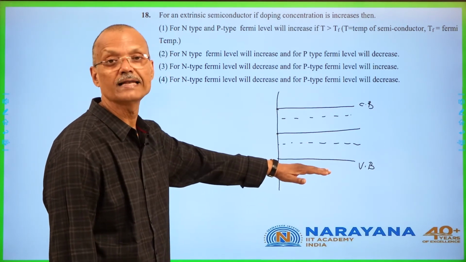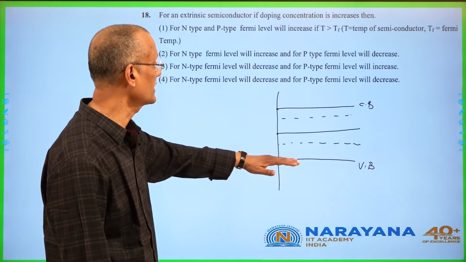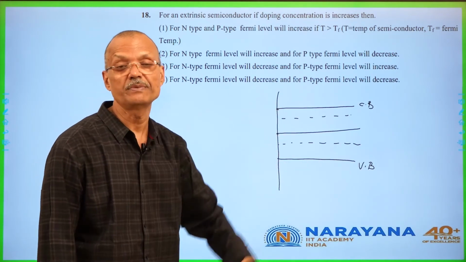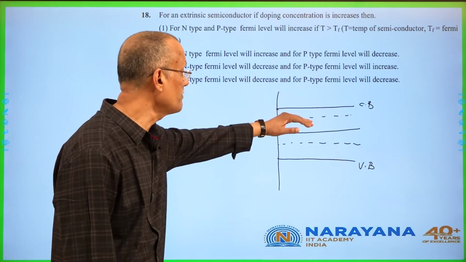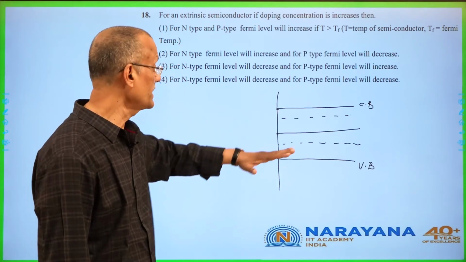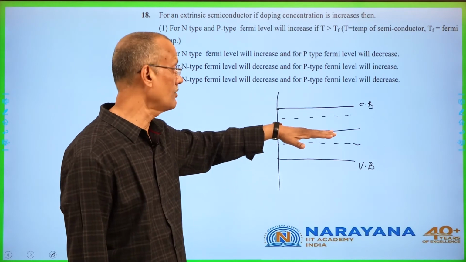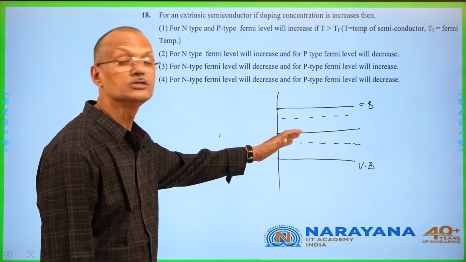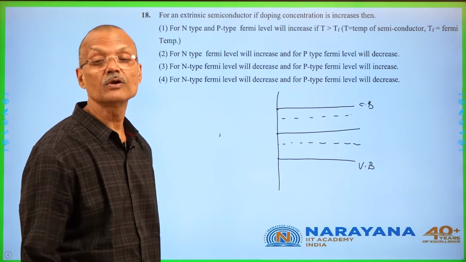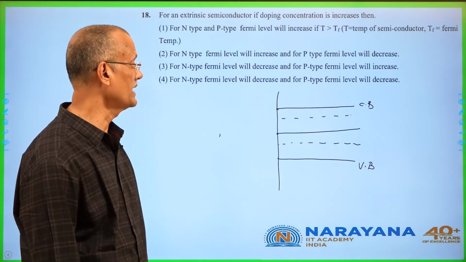more nearer to conduction band for n-type semiconductor, and for p-type semiconductor, it will move more nearer to valence band. For pure semiconductor, it is completely at the middle of band gap. For n-type semiconductor, it is nearer to conduction band, it will go more nearer to conduction band.